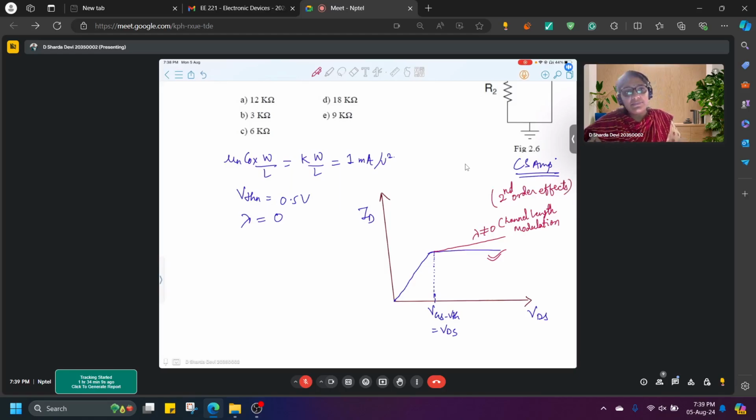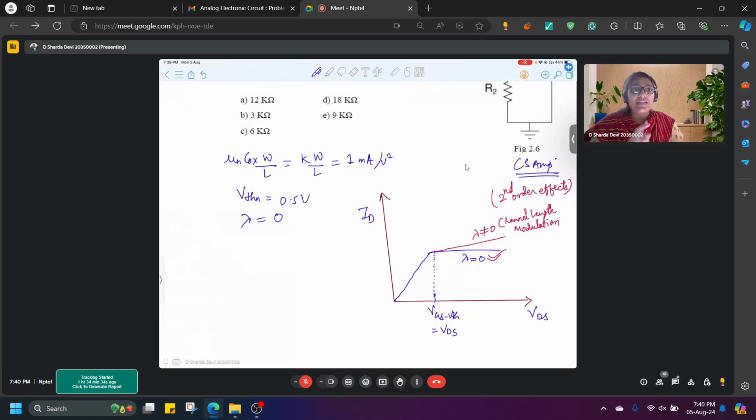You can study them. There are many second order effects. One of them is channel length modulation, because of which you get lambda not equal to 0. In this blue line, lambda is equal to 0. So wherever it says lambda equal to 0, that means an ideal transistor or ideal MOSFET where current is saturated.